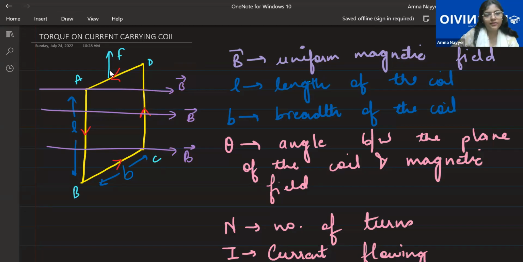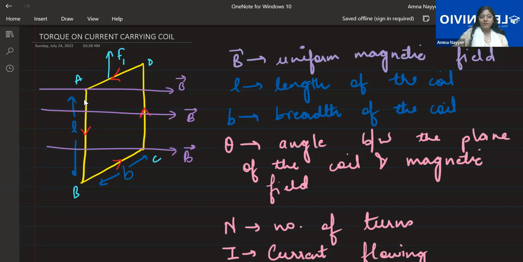Let me name this A, B, C, D. So across AD, the force is this, F1. You tell me the direction of the force across AB. Is it towards the left? Not left.